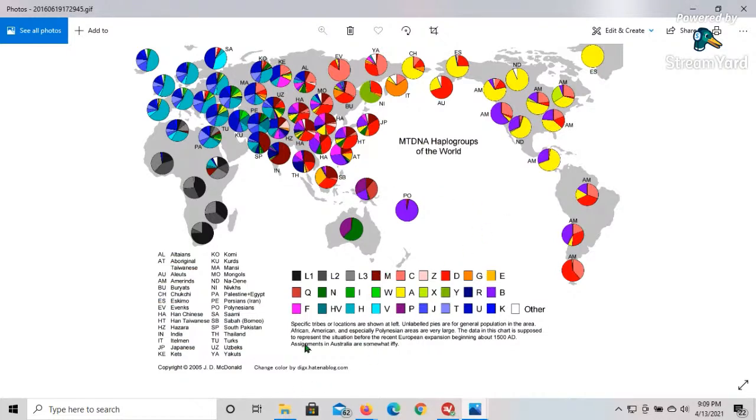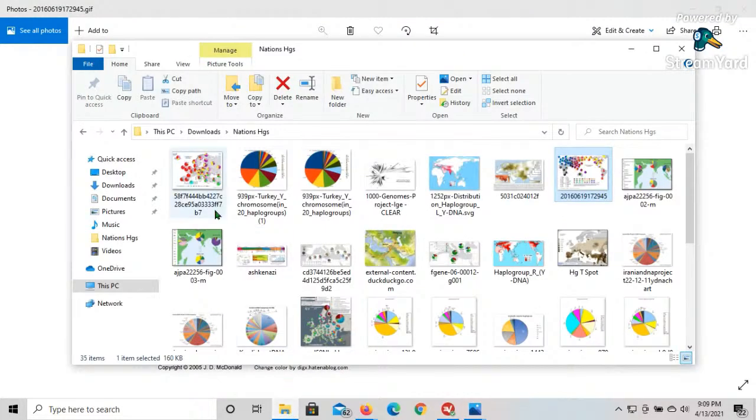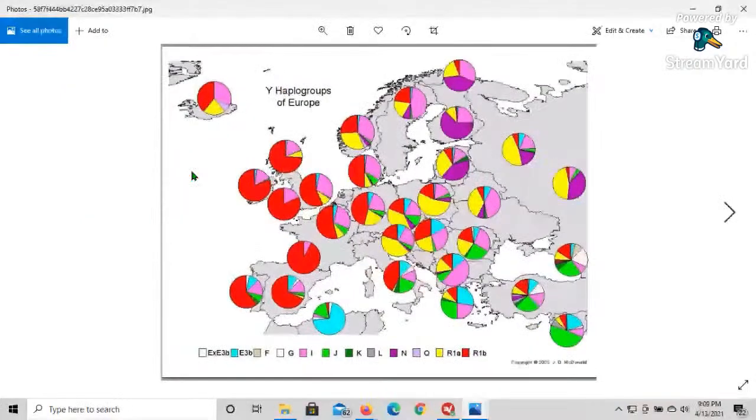If we can go to another map. So this map here shows the yellow and the red. Everything that's yellow and red is RY chromosome.